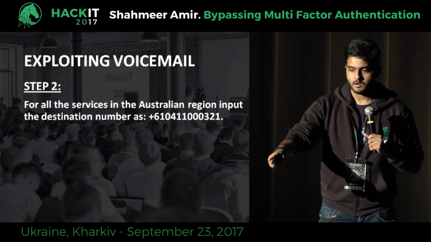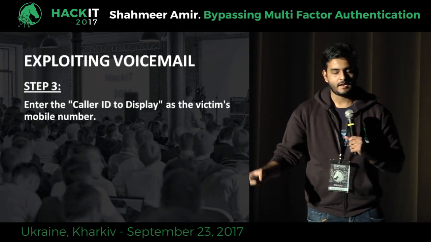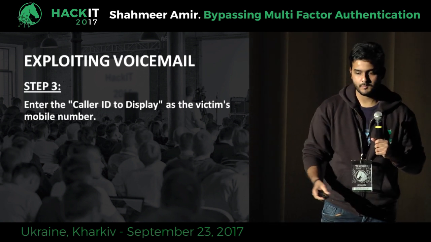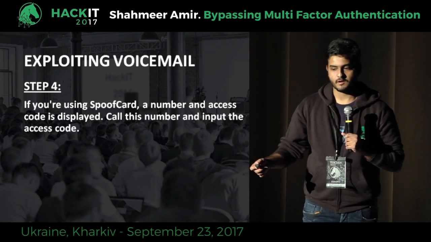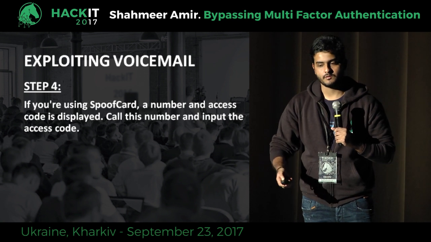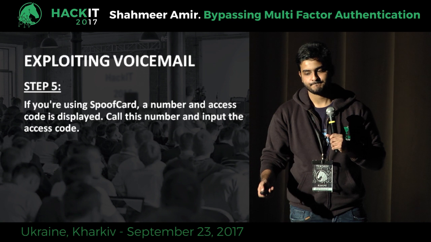I'm going to tell you why I'm putting this destination number in a bit. Then you enter the caller ID that you want displayed on the victim's mobile number. If you're using SpoofCard, a number and access code are displayed. You call this number, input the access code, and you will be granted access after you press hash.